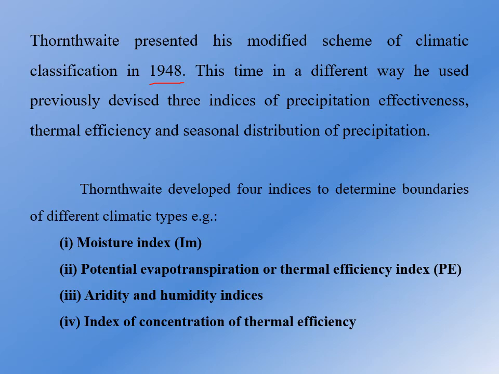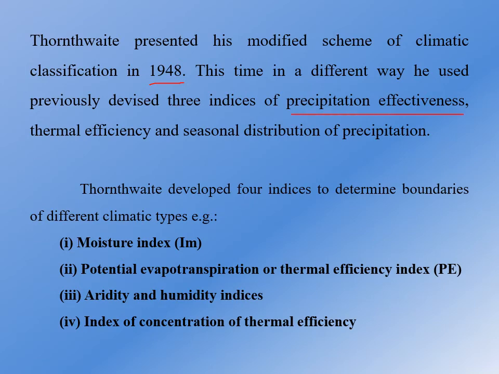So by taking into consideration both ways, that is both evaporation and transpiration, in the 1948 scheme, Thornthwaite used the previously devised three indices, that is the precipitation effectiveness, thermal efficiency, and the seasonal variation of precipitation, in a newly developed way.